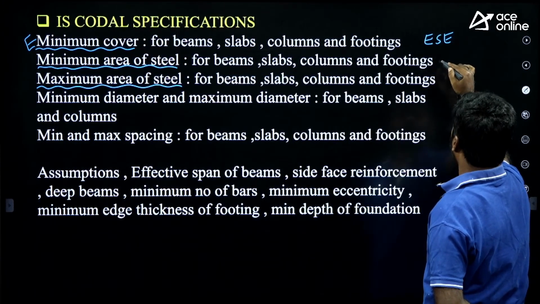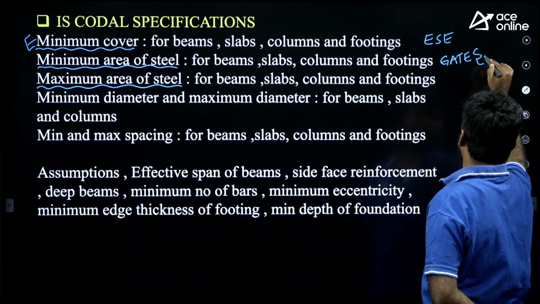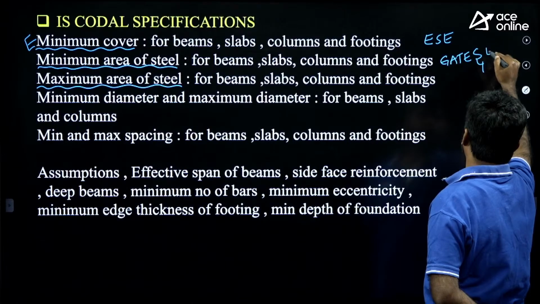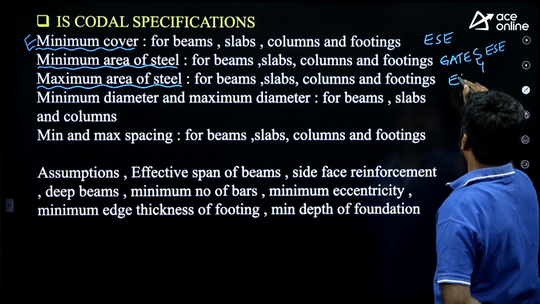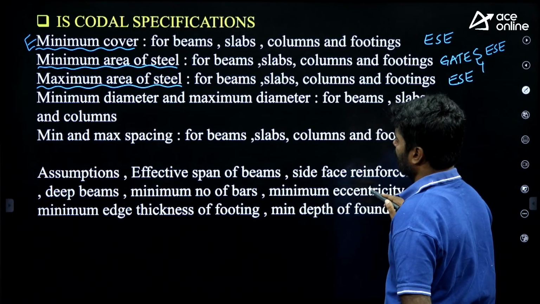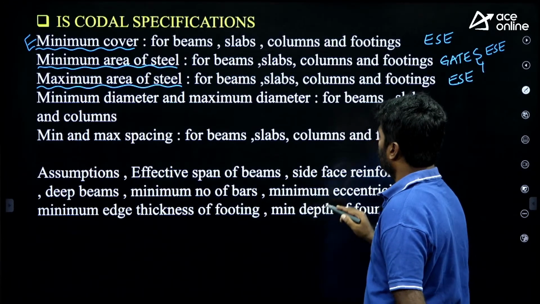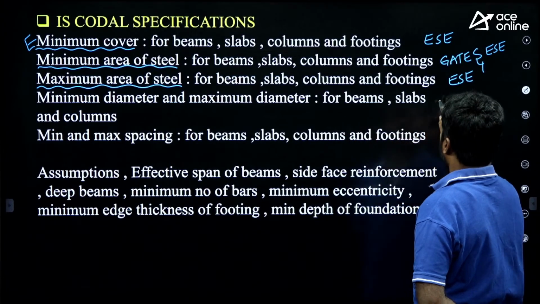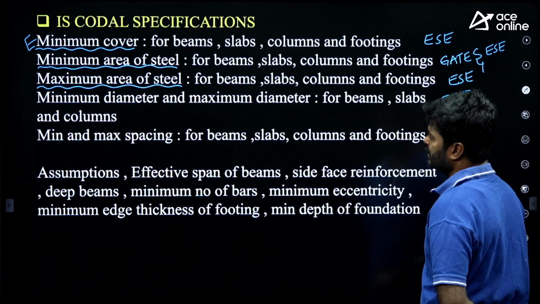This one, both GATE and ESE. Clearly in ESE, there is a chance to ask a question on maximum area of steel for beams, slabs, columns, footings. Then minimum diameter, maximum diameter, in ESE only; in GATE, chances are very less.